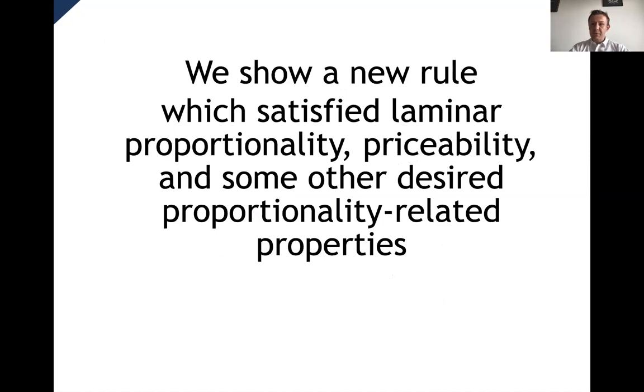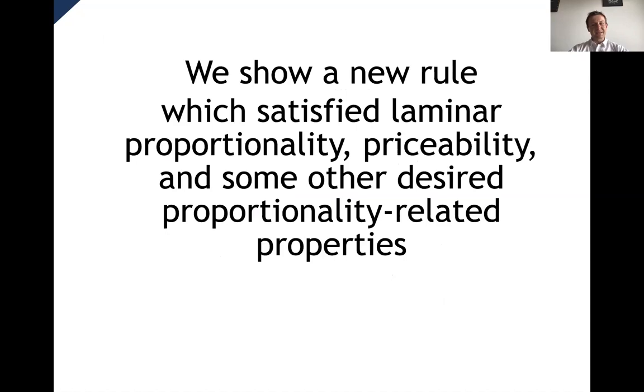In this paper, we have also shown that these two properties, laminar proportionality and priceability, are incompatible with the understanding of proportionality which is welfarist in spirit. We have also proposed a new voting rule, which satisfies laminar proportionality, priceability, and some other desired proportionality-related properties.